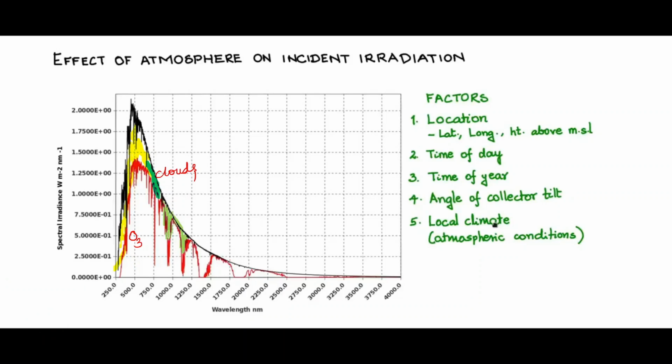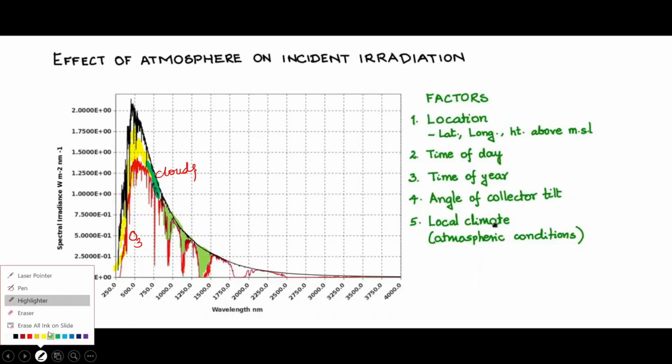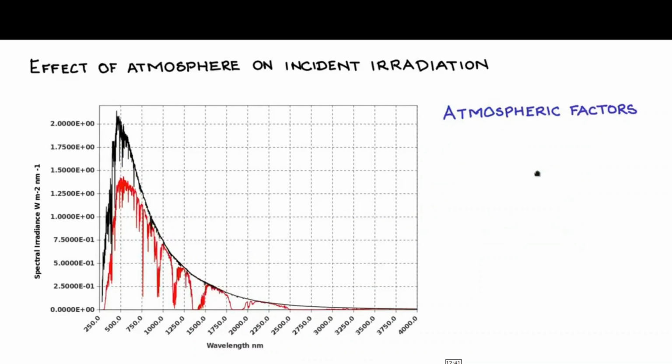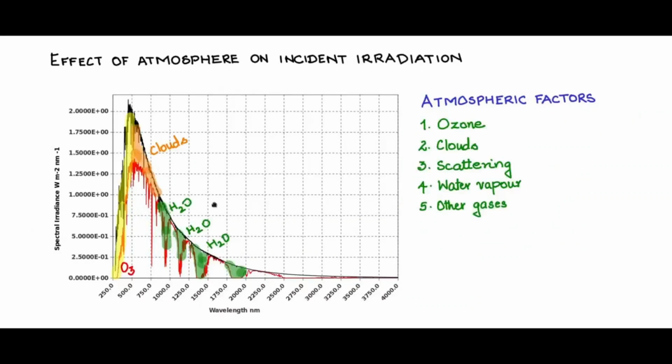If you observe here, there is a bigger dip in the irradiance due to water content and H2, and there are many other factors like scattering by dust particles in the atmosphere. So the atmospheric factors are ozone, clouds, scattering, water vapor, and other gases.